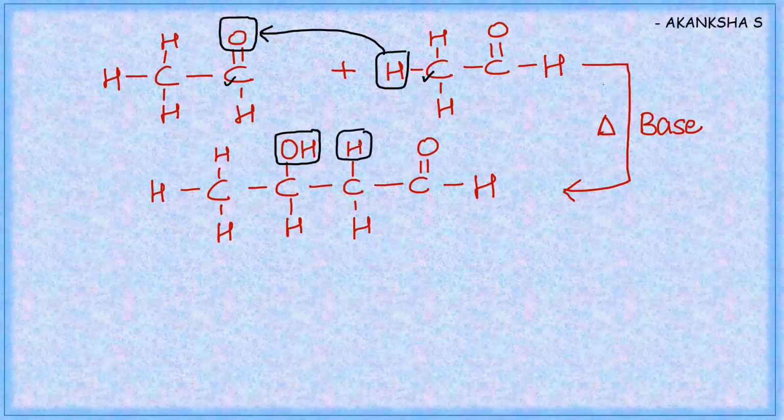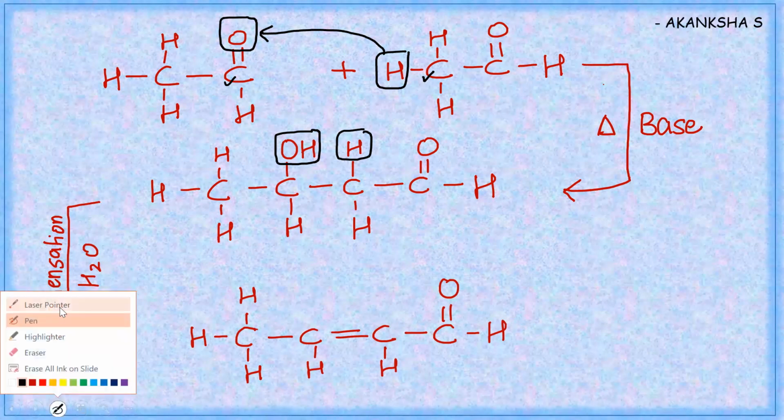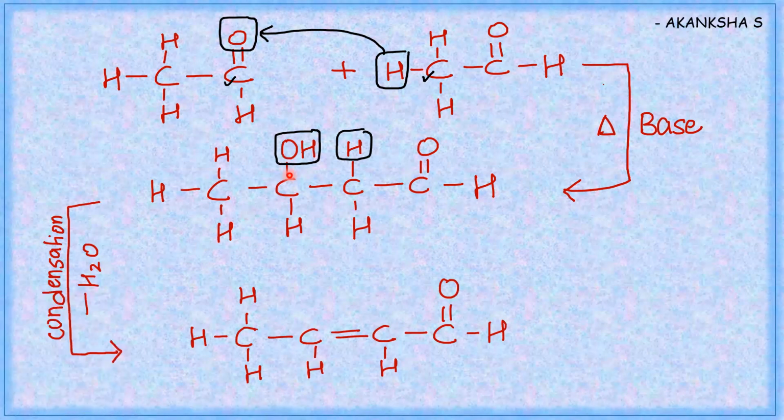Together, this OH and H are going to be eliminated as a water molecule. And what happens when the water molecule gets eliminated? The carbons now have open hands and H2O has left, so they join hands together to form a double bond.